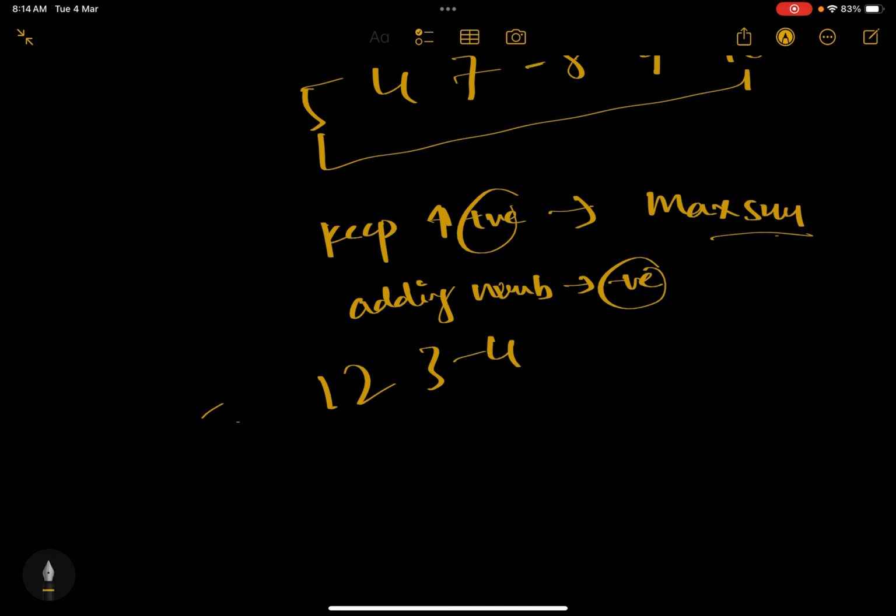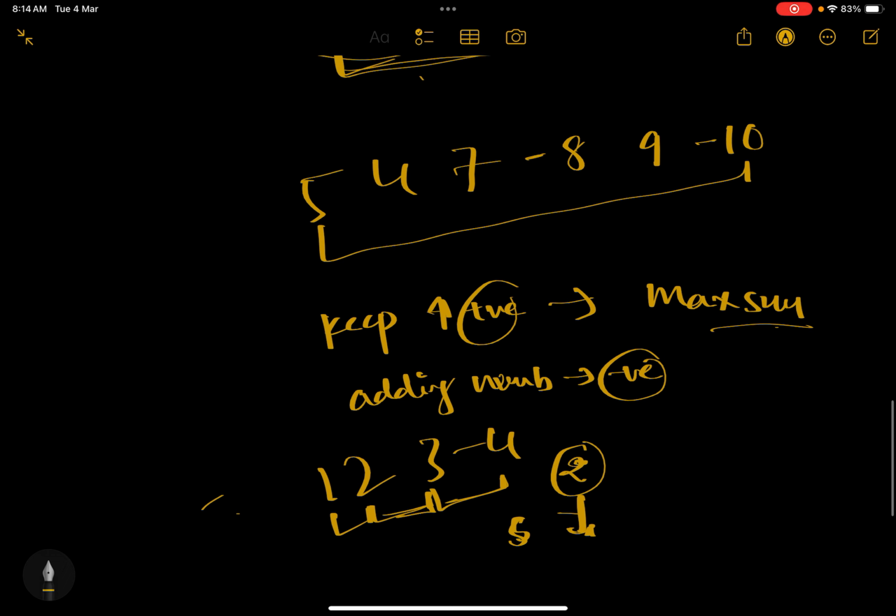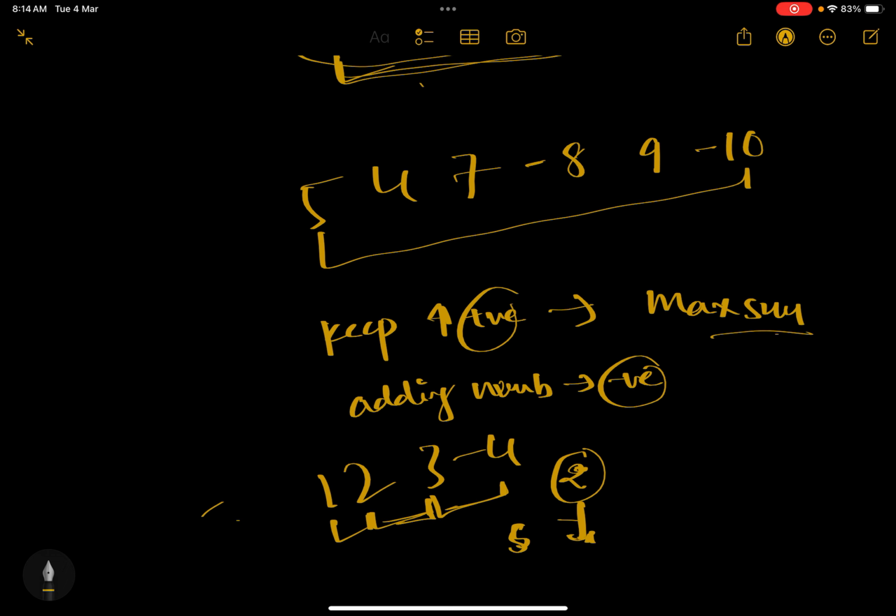If you are summing all those numbers, 1 plus 2 is 3, 3 plus 3 is 6, and minus 4 will decrease the sum to 2. Means if you have any number and you add a negative number to it, it will decrease your sum, right? So anywhere you get a negative number, it will decrease your sum. This is for sure, right?